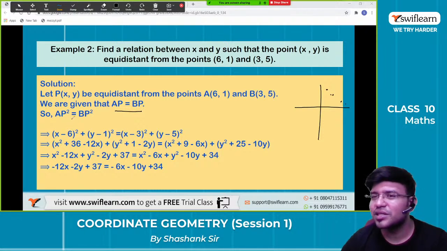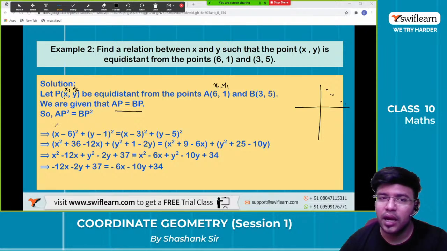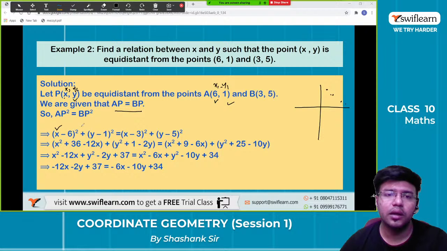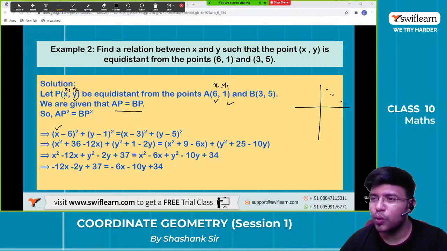And use the distance formula now. Point P is x comma y, so this is x2, this is y2, and this is x1, this is y1. Use this formula, so what we'll get: x minus 6 whole square plus y minus 1 whole square is equal to x minus 3 whole square plus y minus 5 whole square. So this is what we get.